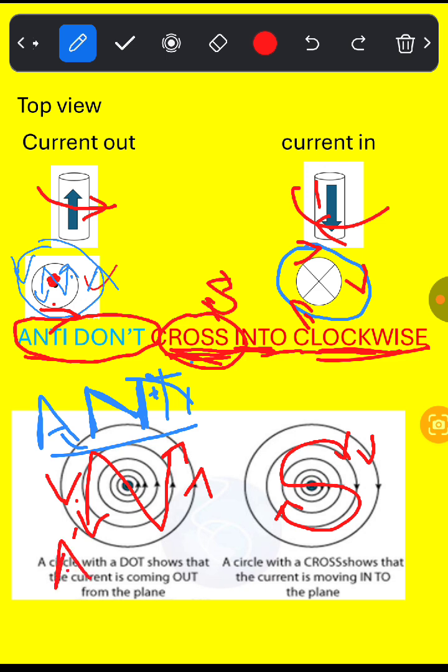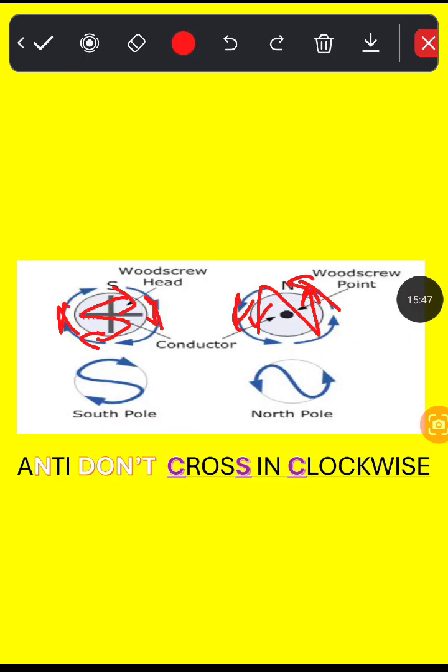The word anti has got what? N. So the one that is determined using N is anti-clockwise direction. So again we say anti, don't cross into clockwise. Anti is like you're saying your ant should not cross into clockwise. Anyway, just a way of reminding yourself.